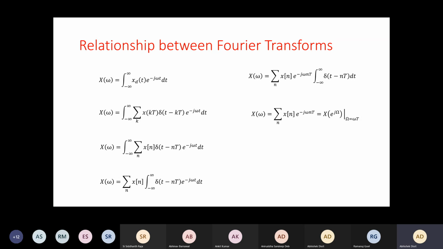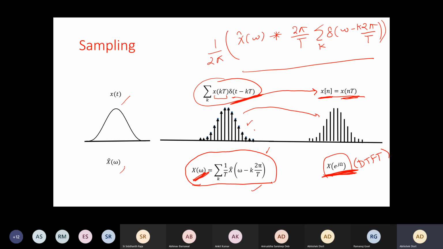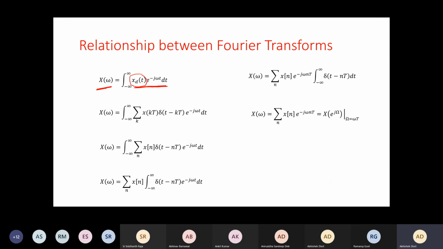Very carefully. X(Ω) is by definition this. x_d(t) is the discrete time signal, this signal, whatever this is, I call this x_d(t). So X(Ω) is the Fourier transform of this x_d(t). By definition, it should be something like this. Now I write x_d(t), which is this signal.